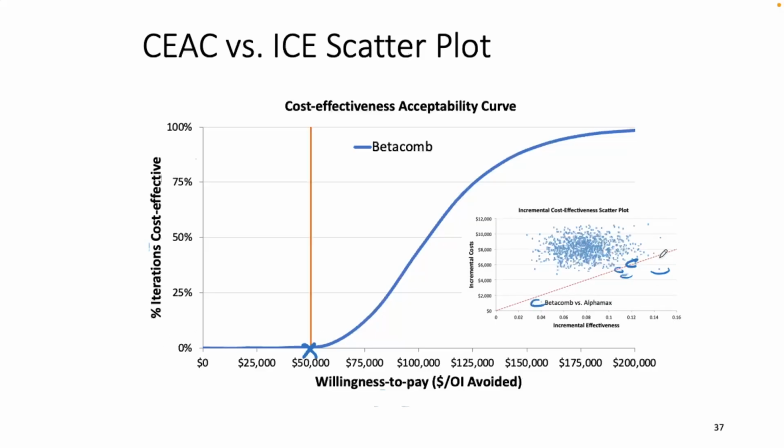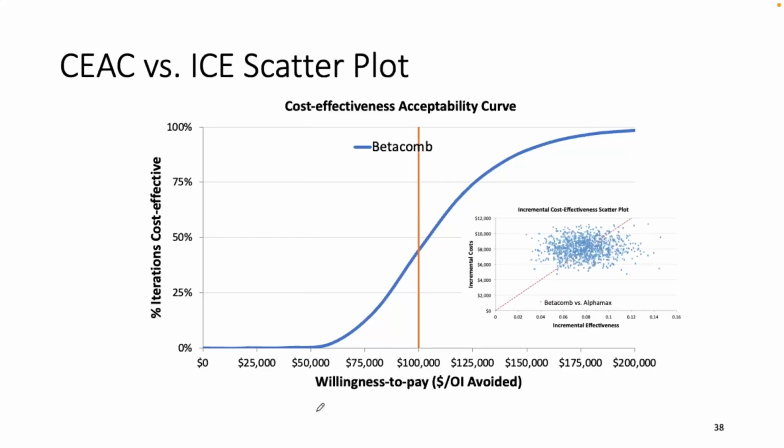So 5 out of 1,000 fell below the line when it was at $50,000 as the willingness to pay. But if we increase the line, now you see we're closer to 50-50 by the time we get to 100,000. And by the time we get to 150,000, we're close to maybe 90% probability of being cost effective. That's a PSA. That's a probabilistic sensitivity analysis.